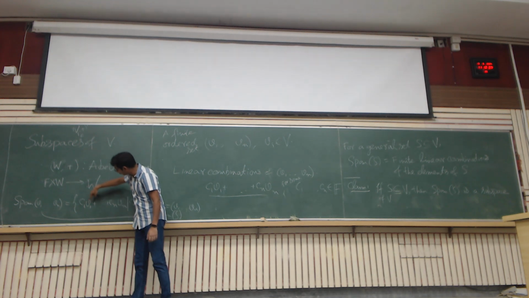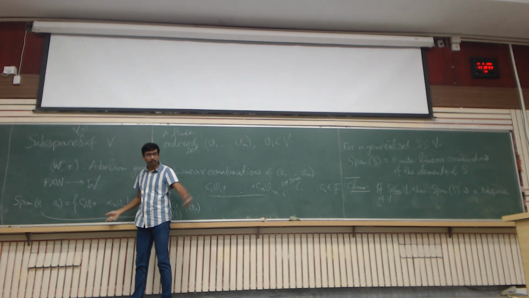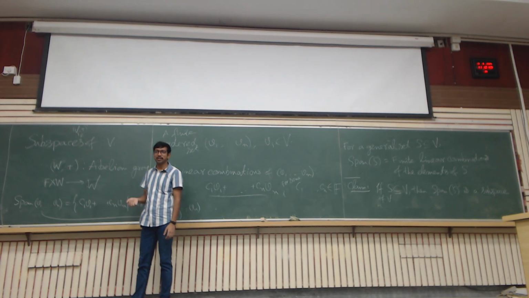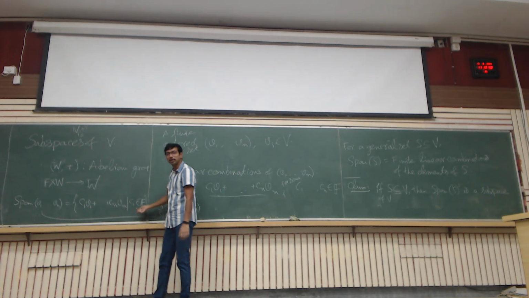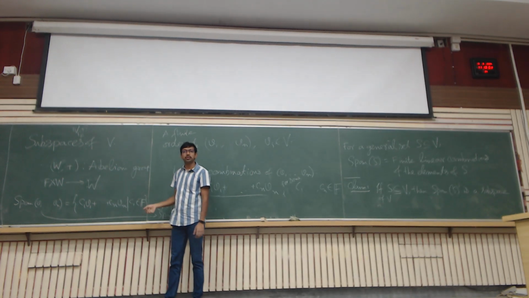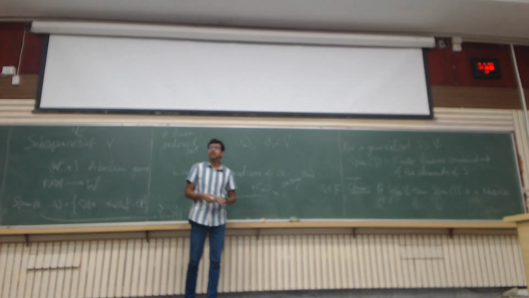So it will be a C1 V1 plus a C2 V2 plus a Cn Vn, which, as you just said, you can write instead of a Ci as Ci prime. All these Ci primes belong to F, because F is closed under multiplication. So we are still getting a linear combination. In other words, span of a set will satisfy both of these conditions. So it's a subspace. Is this clear to all of you?